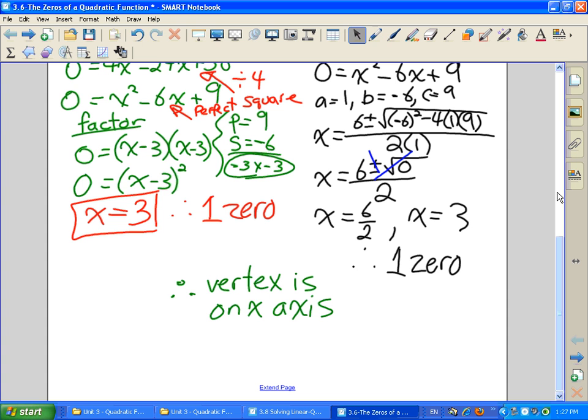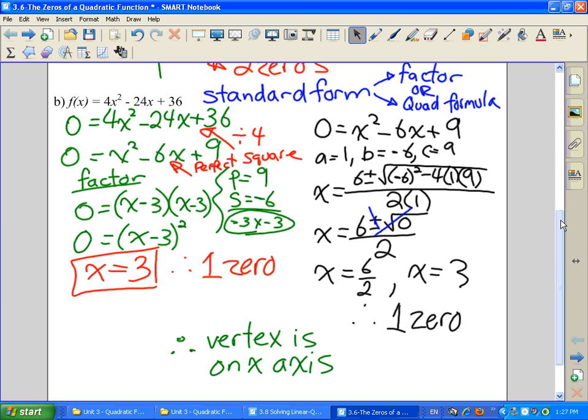Okay? Now, notice, ladies and gentlemen, the connection when you do the quadratic formula in here, that it's 0. The square root of 0 is going to give you one root. If it's negative, we've learned before that it gives you no roots or no solutions. And if it's a positive value, then we know we're going to have 2 roots.